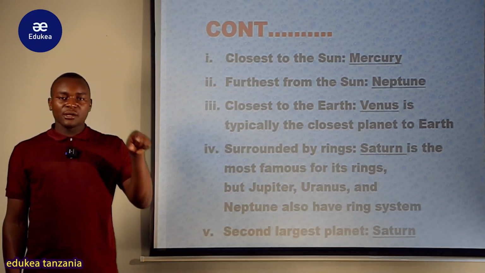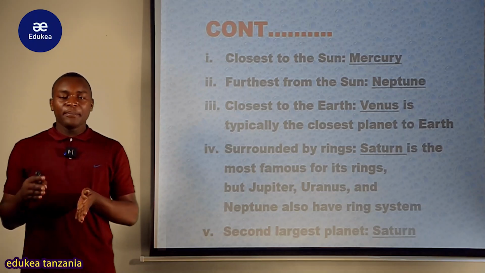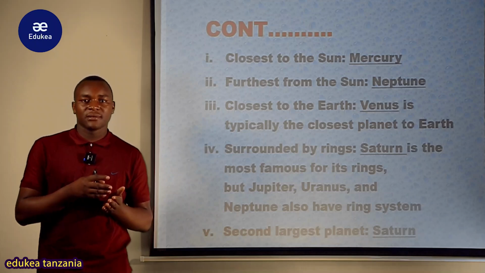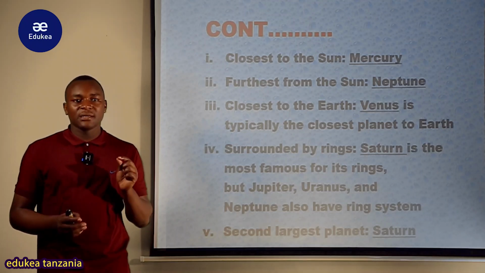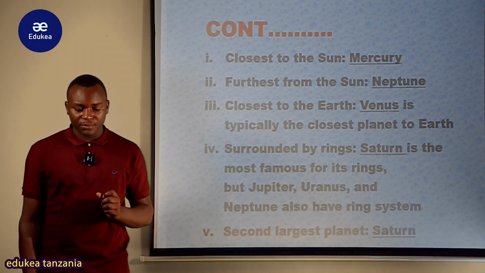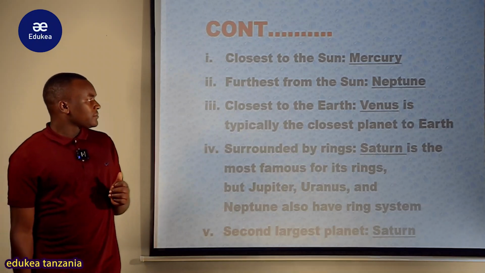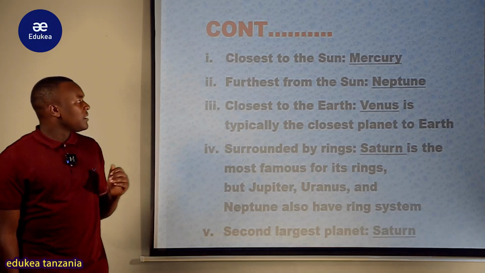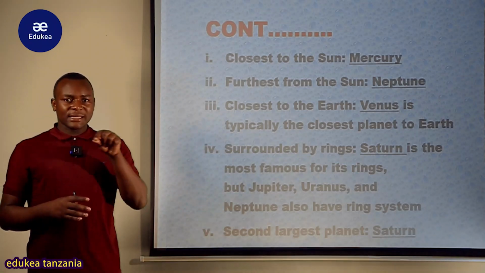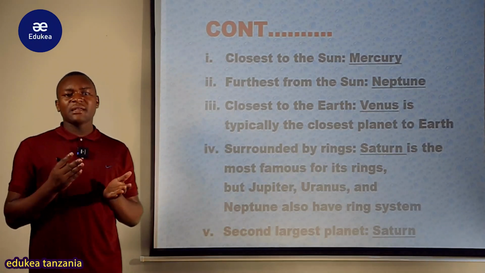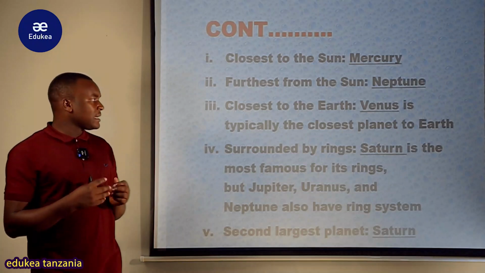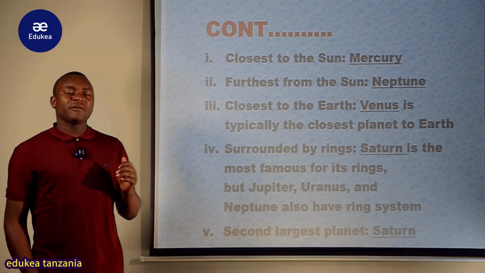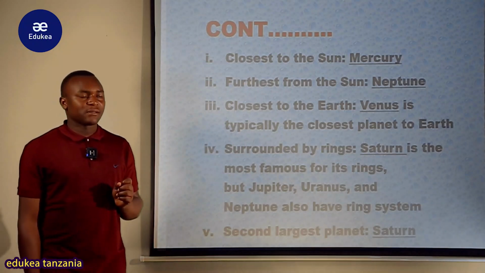But the farthest from the Sun, when we talk about the solar system, is Neptune. Neptune is the planet which is farthest away from the Sun.